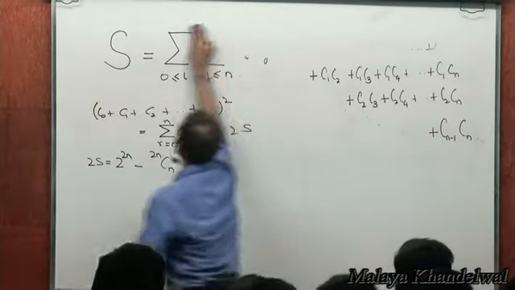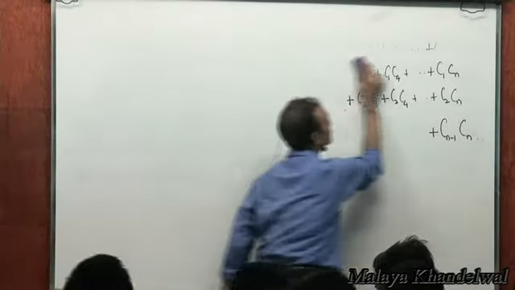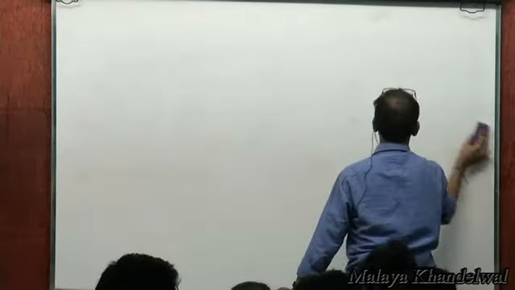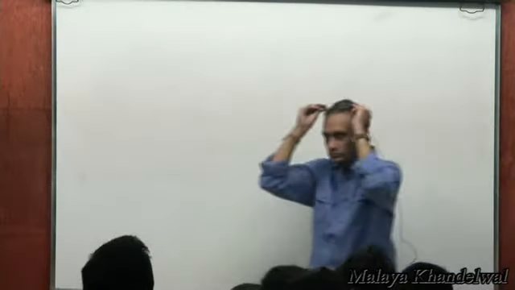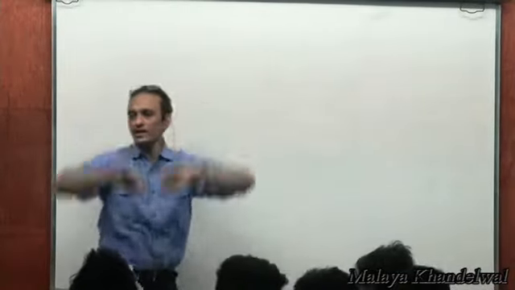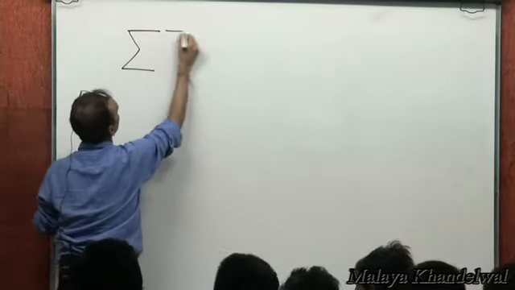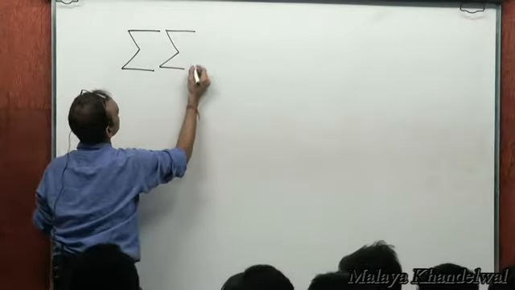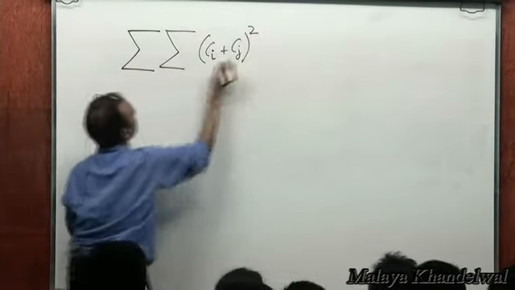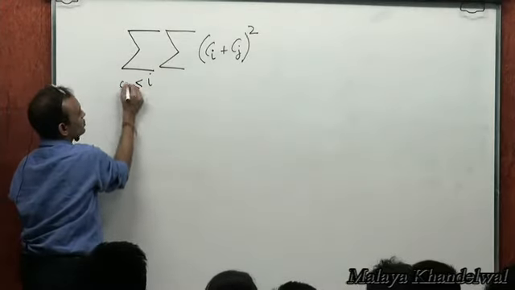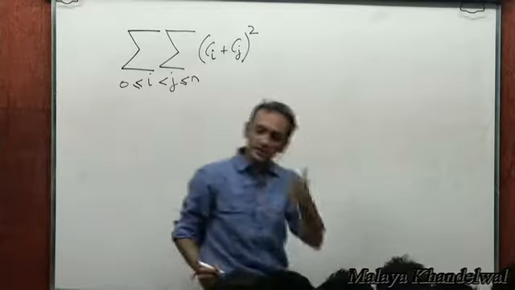Let me give you another summation, say a double summation: (Ci plus Cj) whole square, with i greater than or equal to 0, i less than j, j less than or equal to n. Let's figure this out.